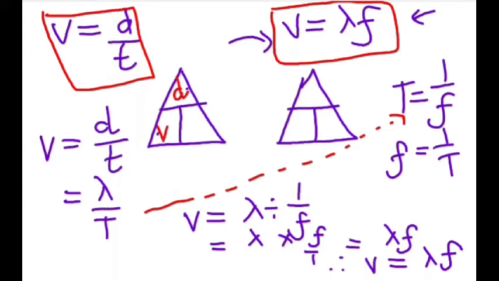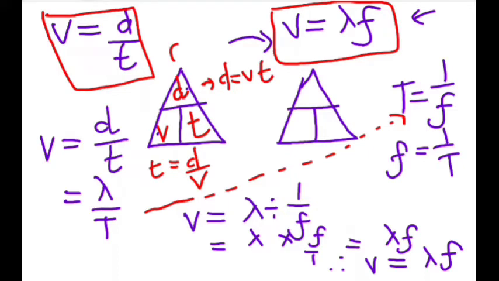Speed equals distance over time. You can also calculate the time from this: time equals distance over speed. Or if you wanted to work out the distance, you would say the distance equals speed times time.